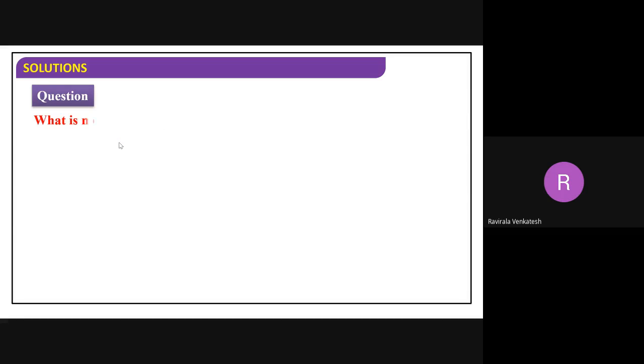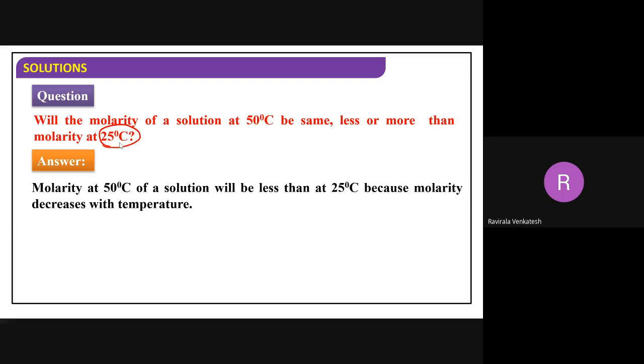Based upon that order, molarity at 50 degrees Celsius will definitely be less when we compare with 25 degrees Celsius. What is the reason? Molarity decreases with respect to temperature.